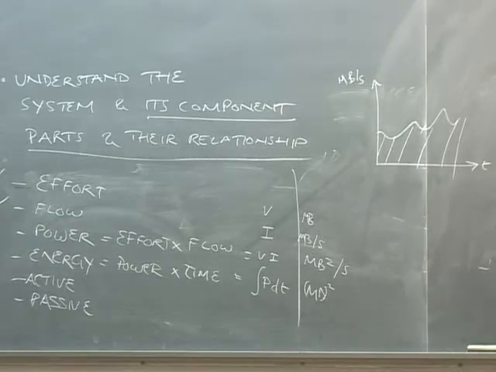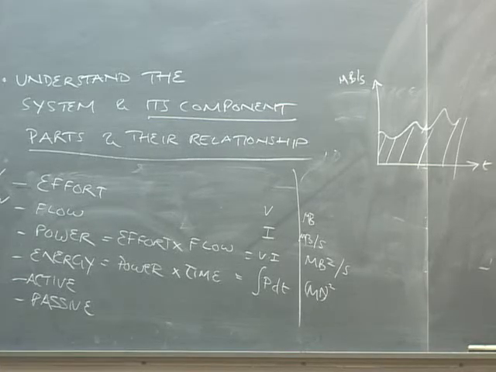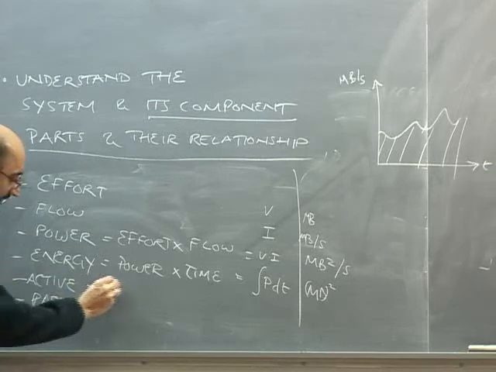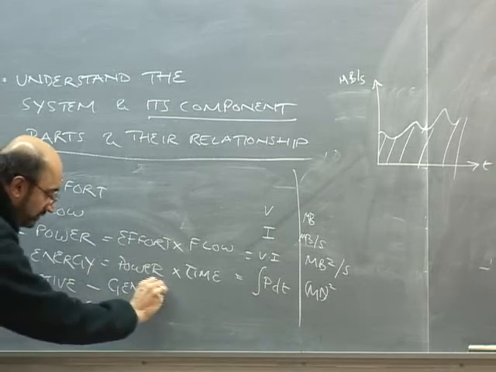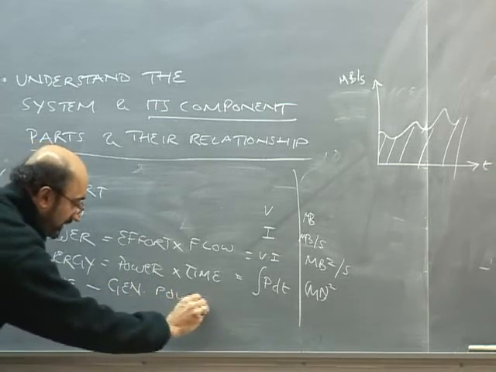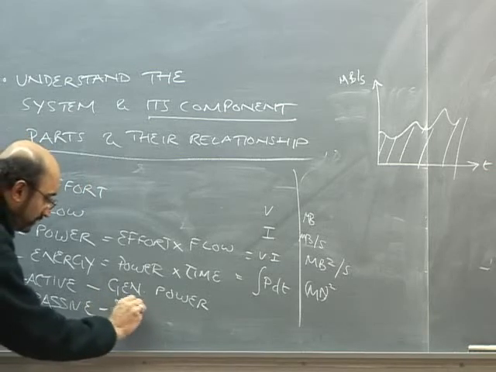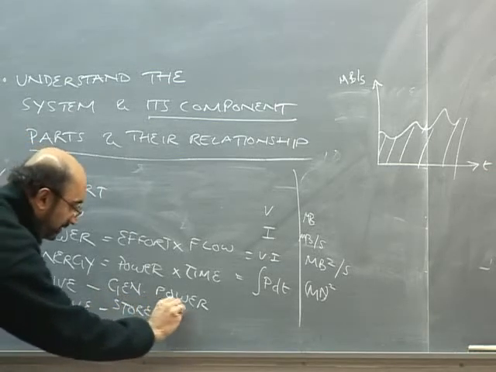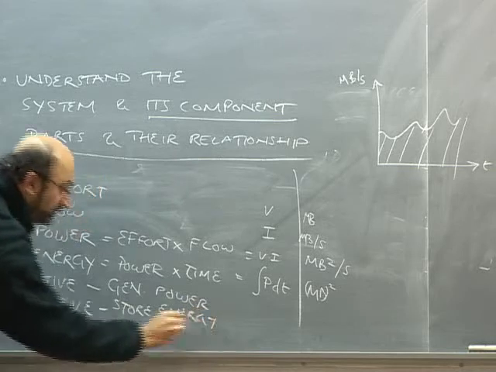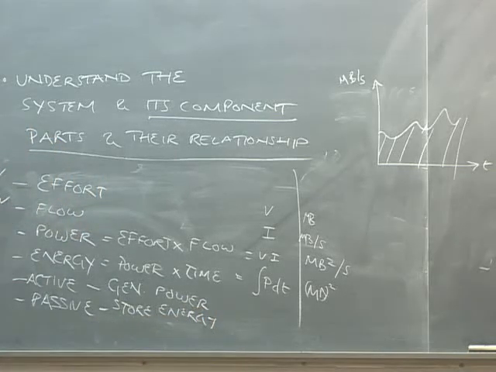Okay. Active and passive. So active elements generate power, and passive elements basically store energy, not power, energy. The simplest way to understand it is to think about an electrical system where an active element, like a battery or a generator, generates power.